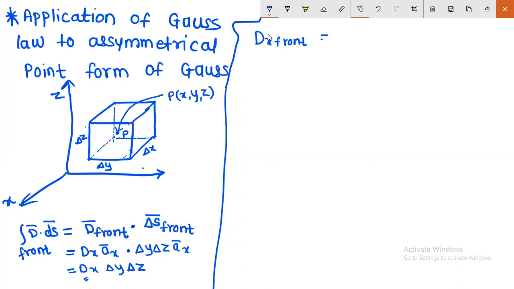This Dx front is equal to, what are we finding? The electric flux density D, in the x direction, plus x direction, at the front side. So it is given as Dx0 plus the distance from point P to the front side. So what is the distance from point P to the front side?